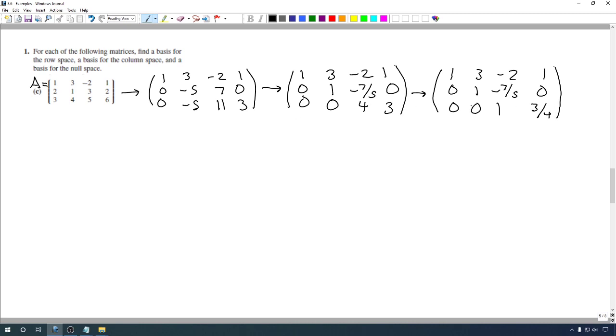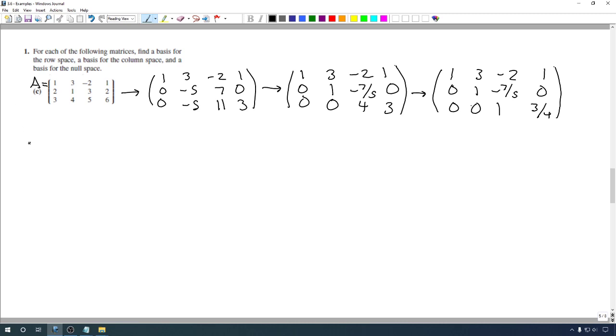So from this matrix, we can already get a basis for the row space and a basis for the column space. Remember, for our basis for the row space, we can just look at all the rows that have survived, all the rows that are not all zeros, which in fact is all the rows this time.